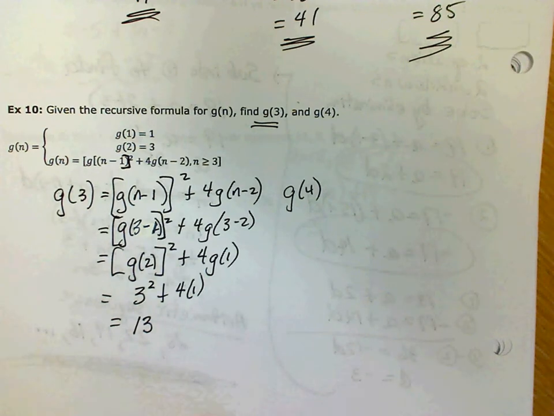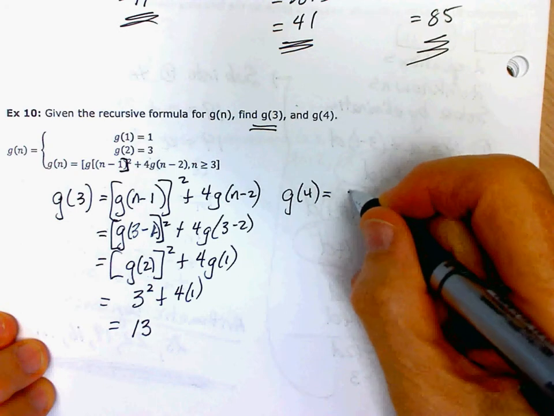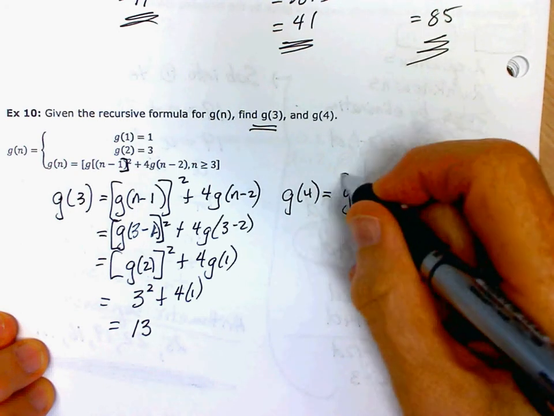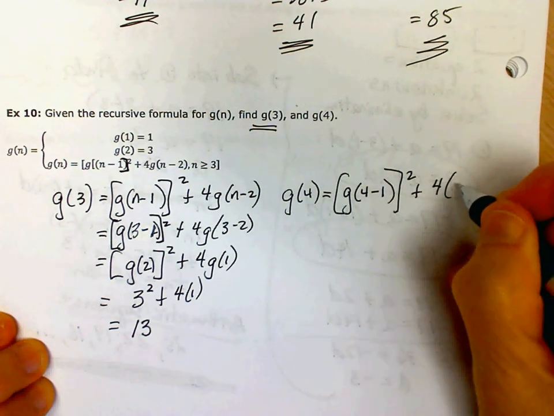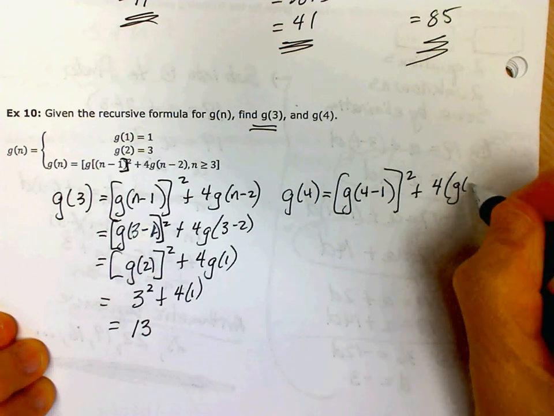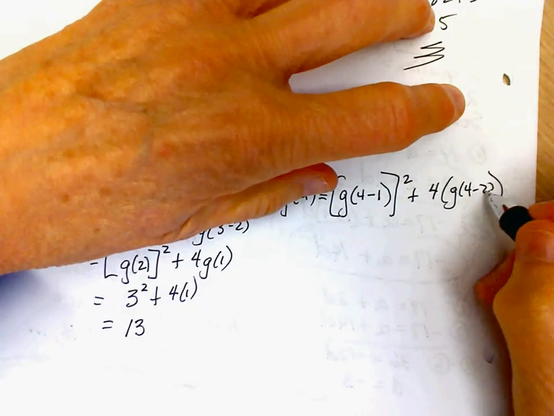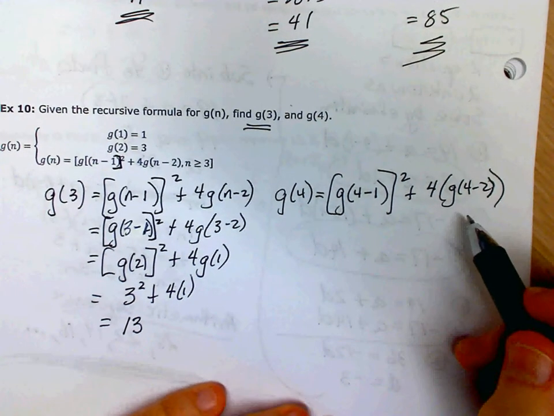So g of 4 equals, let's see, g of 4 minus 1, all squared plus 4 times g of 4 minus 2. I'm doing overkill with the brackets, but it still is good.